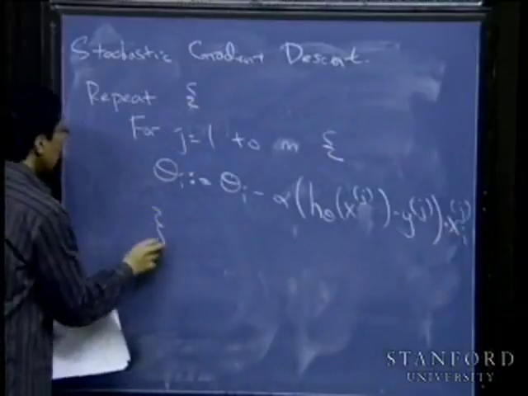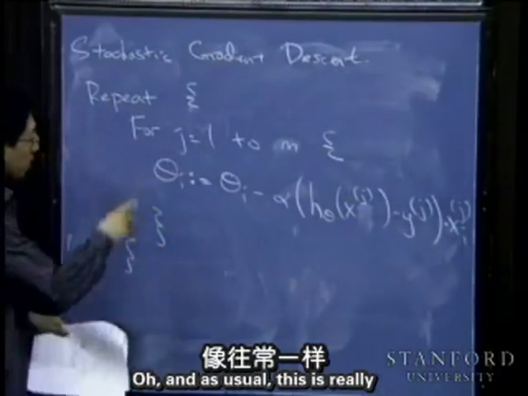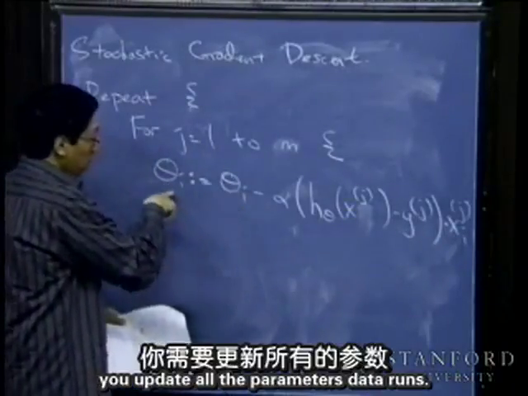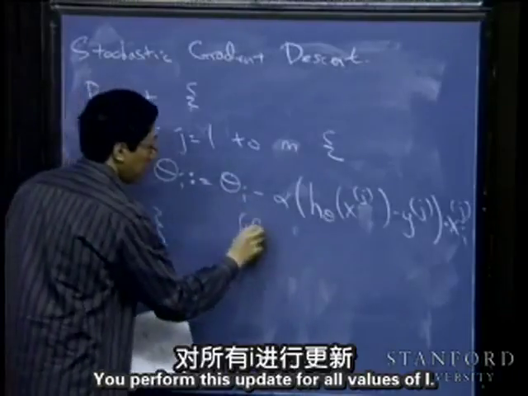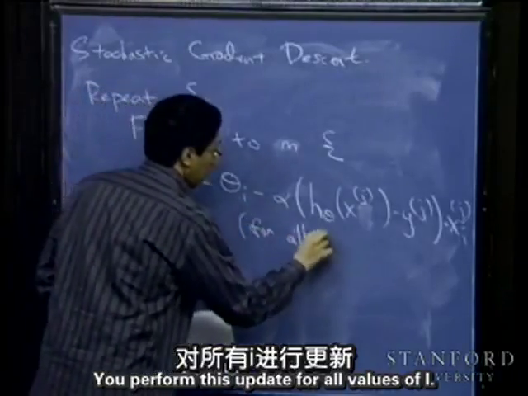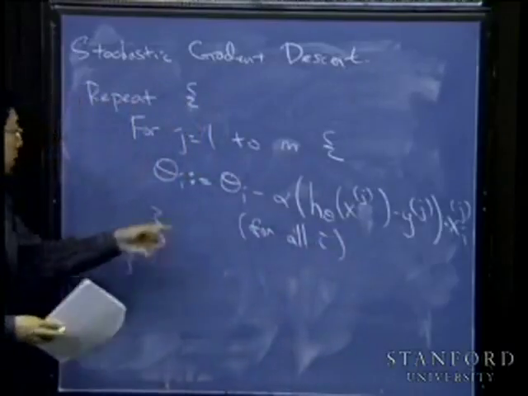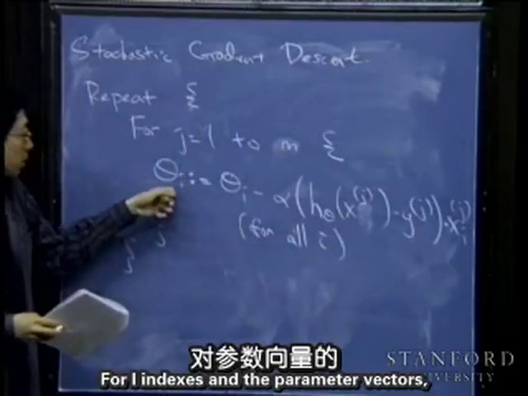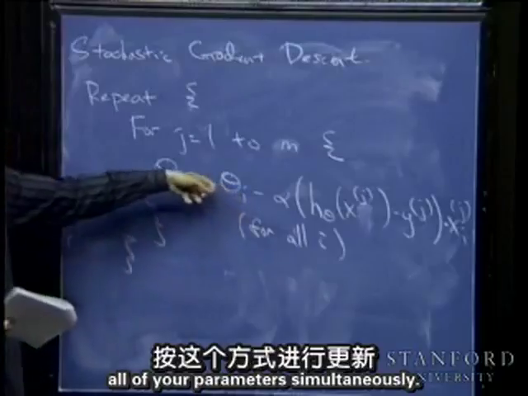Oh, and as usual, you update all the parameters simultaneously. So you perform this update for all values of i, meaning for all indexes in the parameter vector.